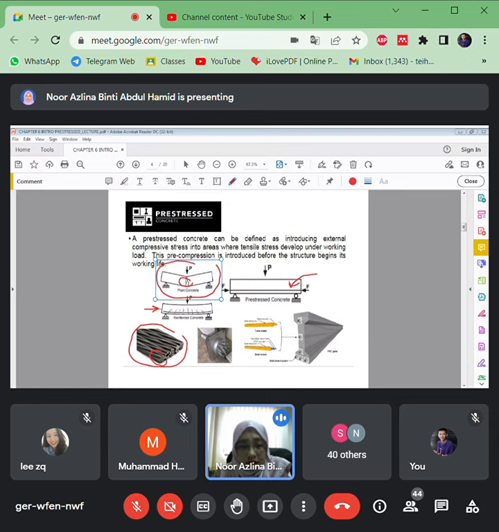Look at this box girder, especially for a bridge or flyover, you will see each point of the cables that is provided in the concrete.